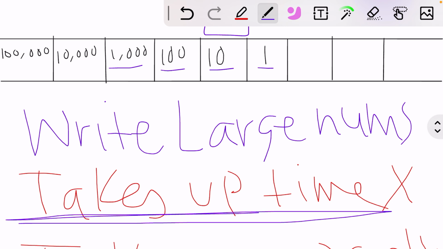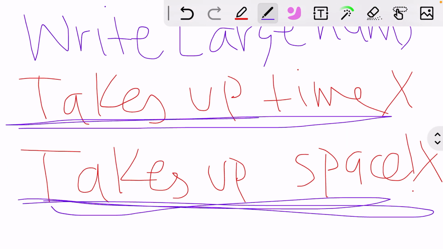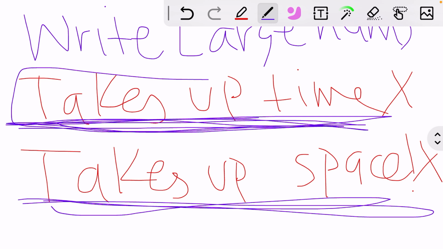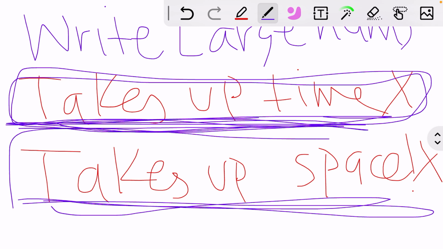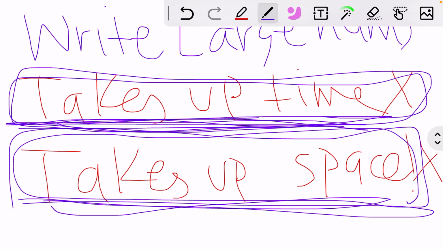You're dealing with really large numbers. And so when you write these numbers, you need it to not take up a whole bunch of time. You cannot spend all day writing 70,000 tally marks or counting 70,000 tally marks. And you don't want it to take up a whole bunch of space. We don't have all the paper in the world. We can't waste paper trying to write the number 517.